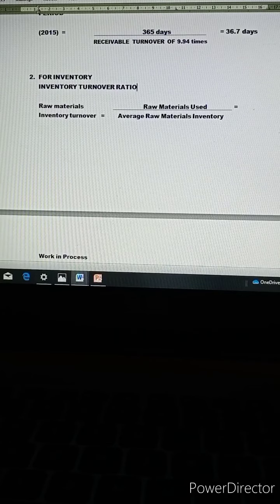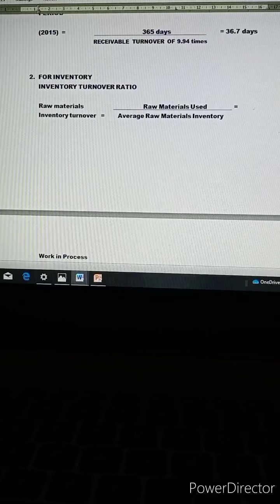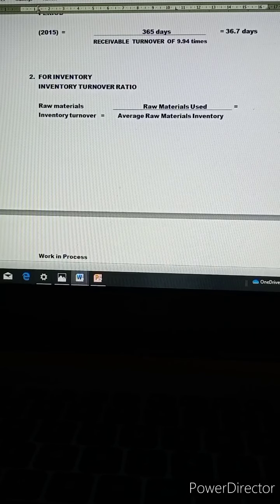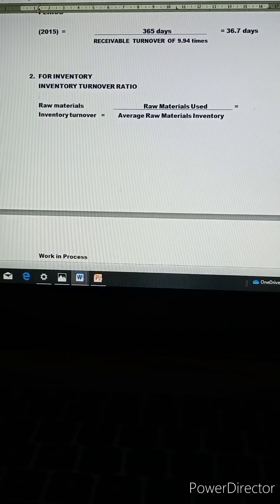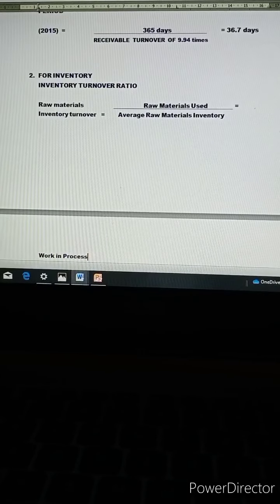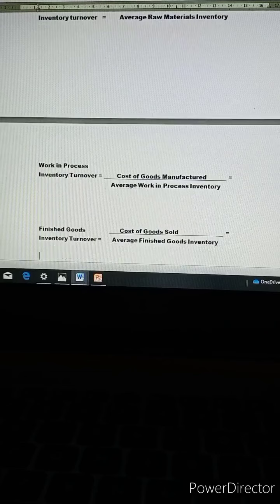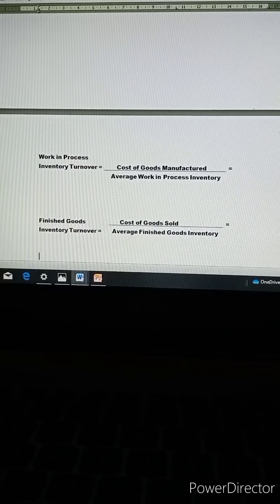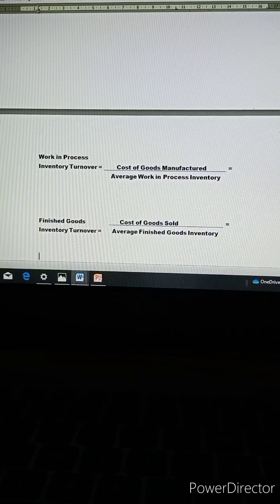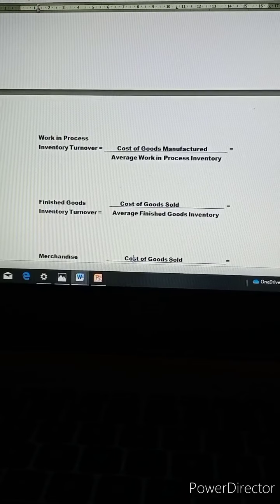So the first formula adapted for the inventory turnover ratio is the raw materials inventory turnover. The formula here is raw materials used over average raw materials inventory. Next is the work in process inventory turnover. That is cost of goods manufactured over average work in process inventory.